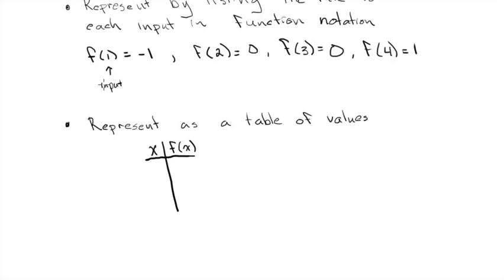So you would just list all the independent variables under x. So 1, 2, 3, 4, and then in the second column just list the corresponding f at x value. So f at 1 was -1. So 1 went to -1. 2 went to 0, 3 went to 0, and 4 went to 1. So same function, just represented as a table of values.